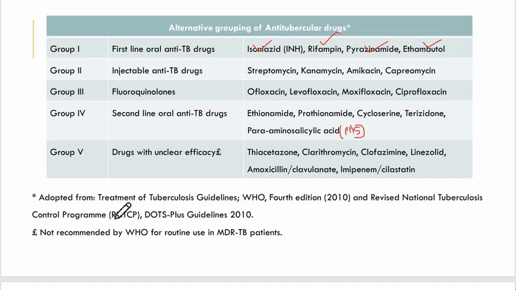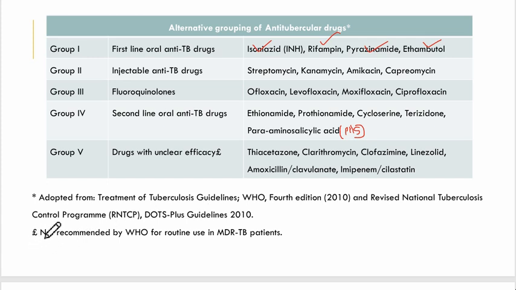These groupings of anti-tubercular drugs are adopted from the treatment of tuberculosis guidelines given by the World Health Organization, 4th edition of 2010, and the Revised National Tuberculosis Control Program RNTCP DOTS Plus guidelines 2010.